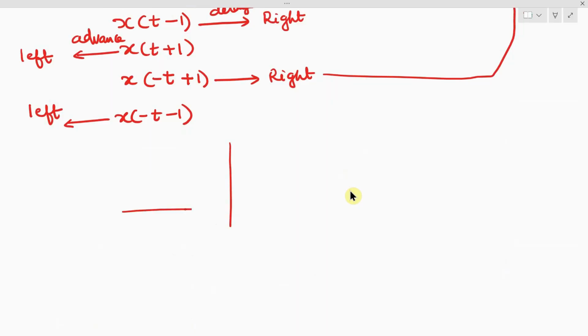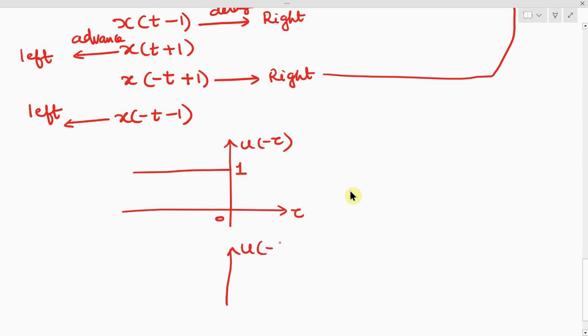Right. So I am now redrawing u of minus tau. This is time reversed. And after that, I'm trying to plot u of minus tau plus t, or as you wrote in the formula, u of t minus tau, whatever it is.